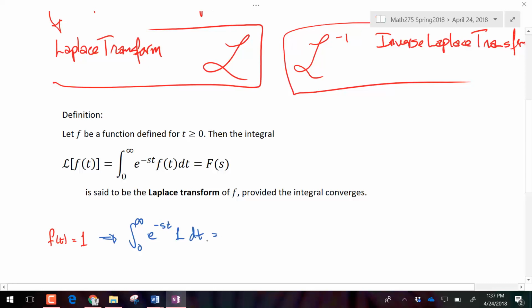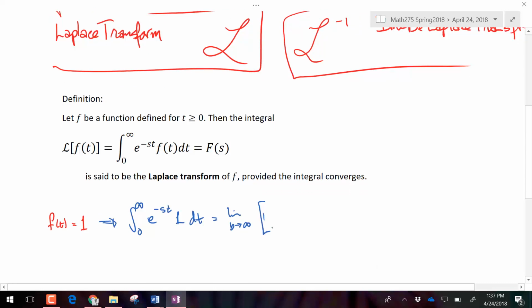Remember your antiderivative here of e to the negative st, where t is the variable. You do a U-substitution with the 1 over s, right? And then you have to do that limit thing too for the improper integral. So let's do it properly the first couple of times, and then we'll be a little bit more relaxed with the formal Calc 2 notation.